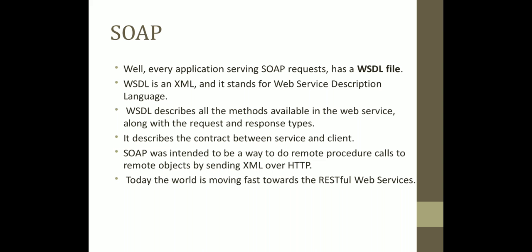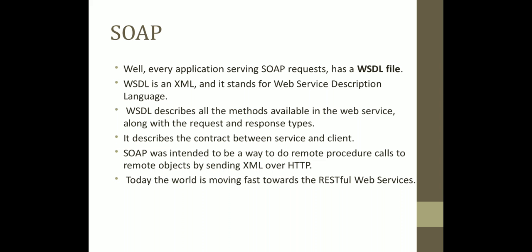Every application serving SOAP requests has a WSDL file, and WSDL is again XML, and it stands for Web Service Description Language that we have seen already. SOAP was intended to be a way to do remote procedure calls to remote objects by sending XML over HTTP.